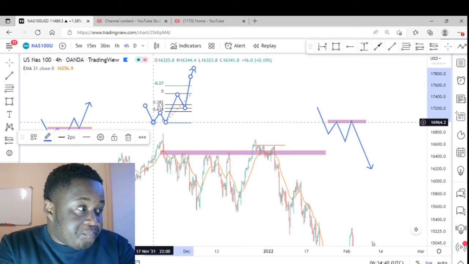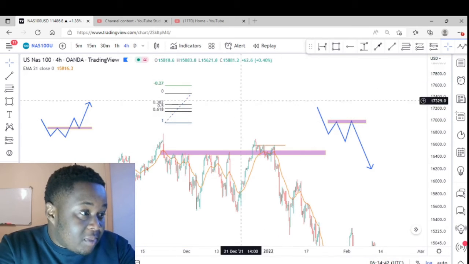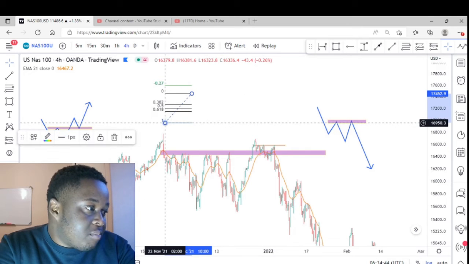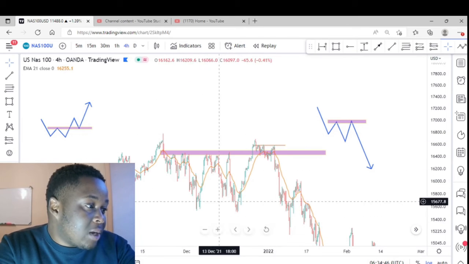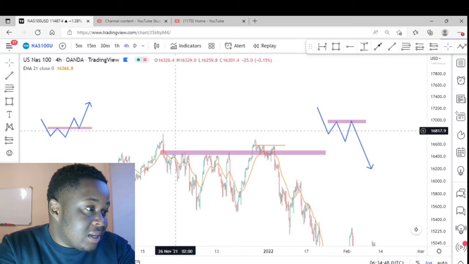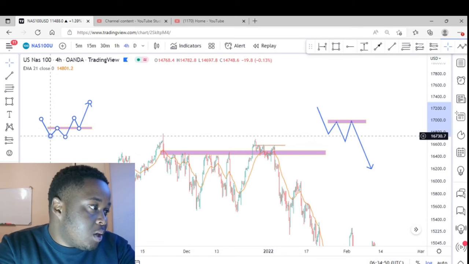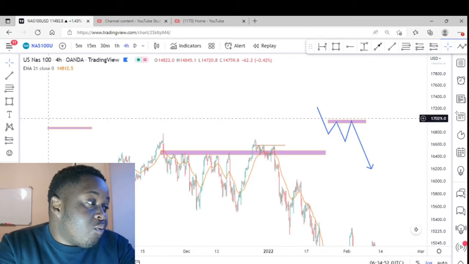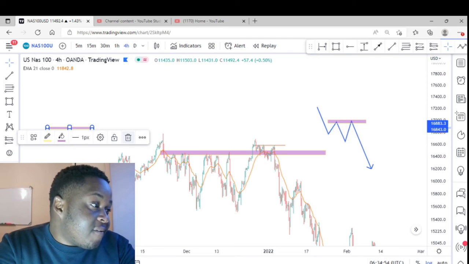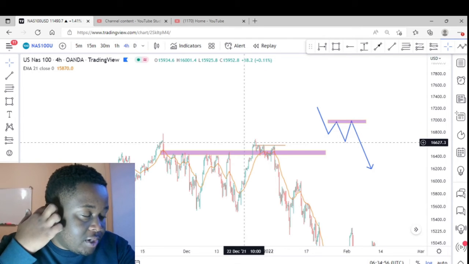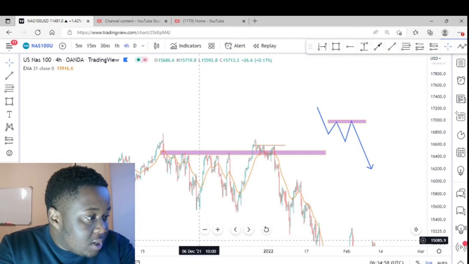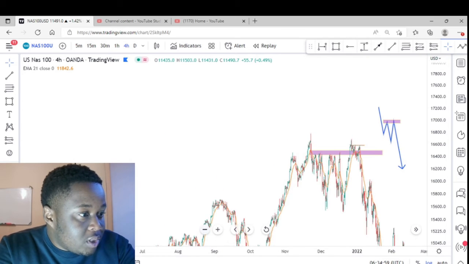So this is what I was expecting over here. Clearly it didn't happen. I was just giving an example of what it looks like if it were to break to the upside. So let's go to the hourly chart.